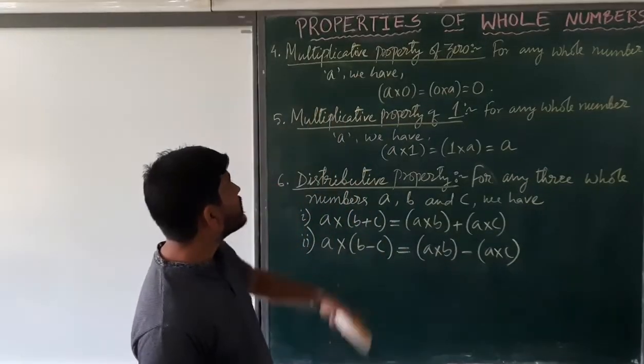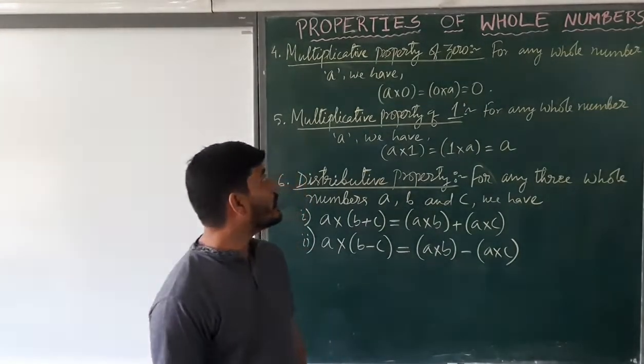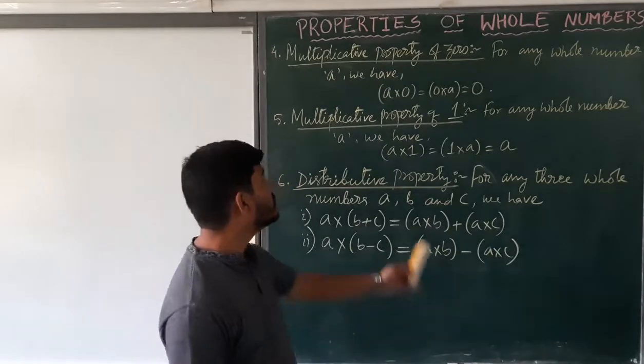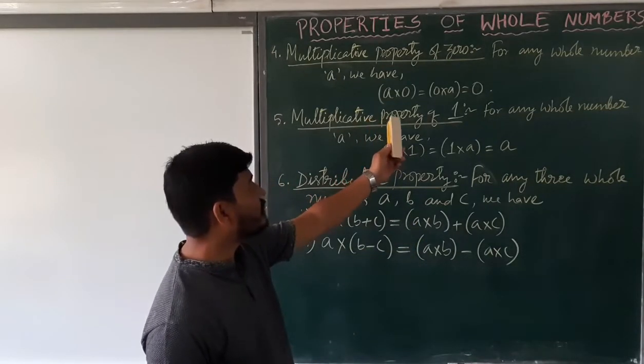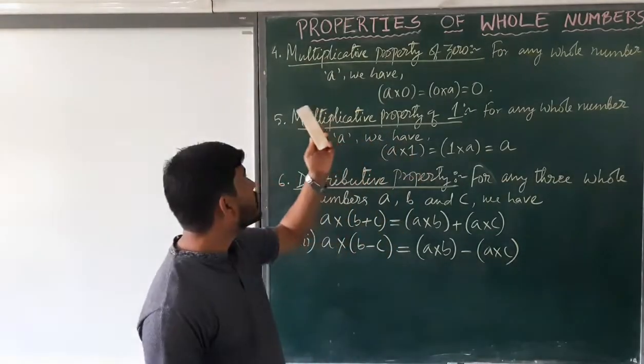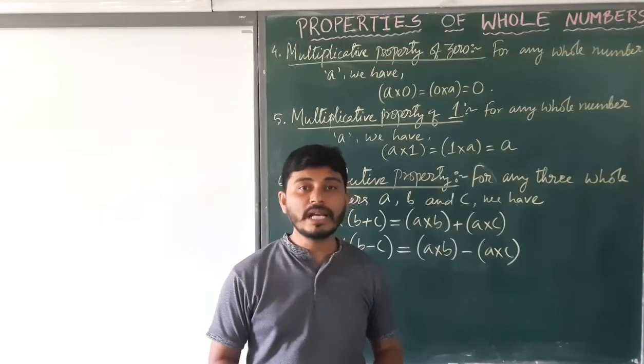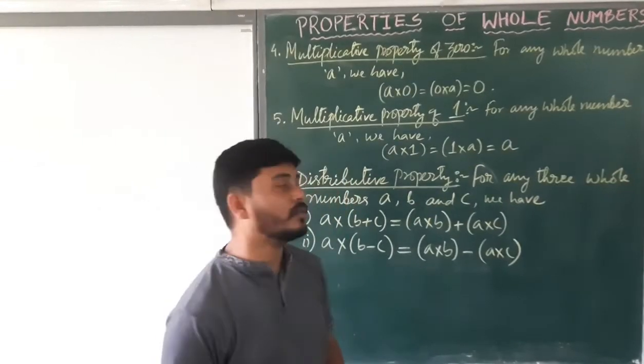The next property is multiplicative property of 0. For any whole number a, we have a into 0 equals to 0 into a equals to 0. It says that any whole number multiplied with 0 is 0.